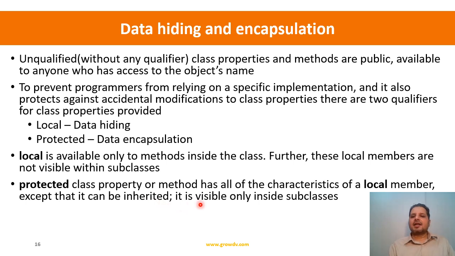It can be inherited means it will be visible within the subclass. But even if I create an object of the subclass type and try object dot that property or method that is protected in the base class, I will not be able to access it outside, but I can use this dot and access those protected base class properties and methods.